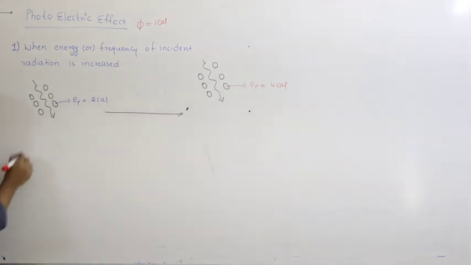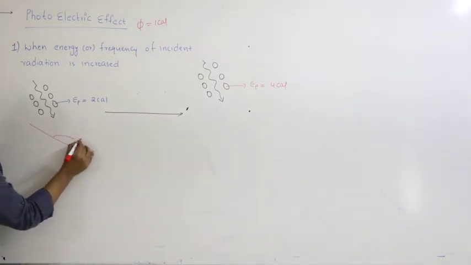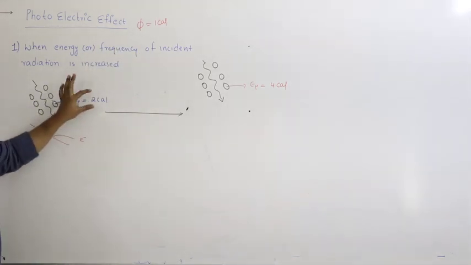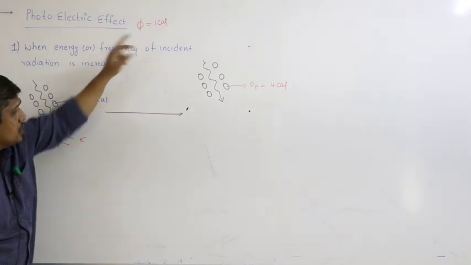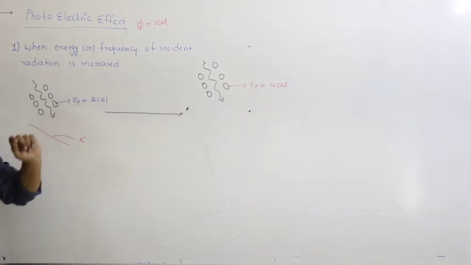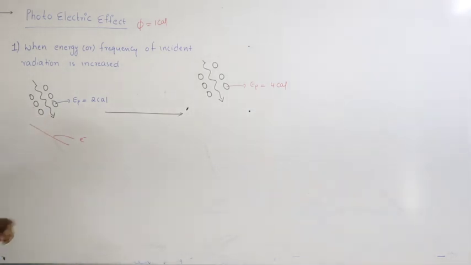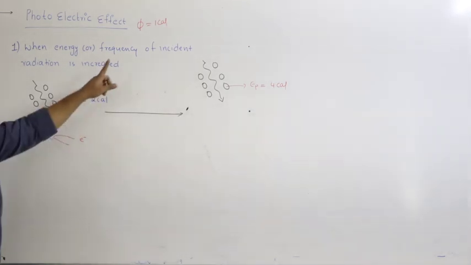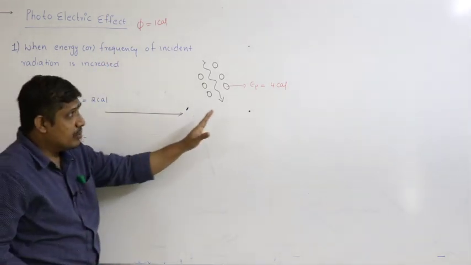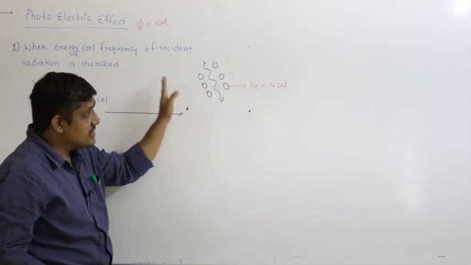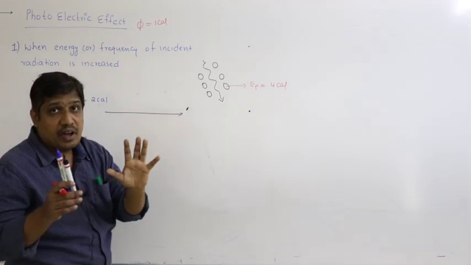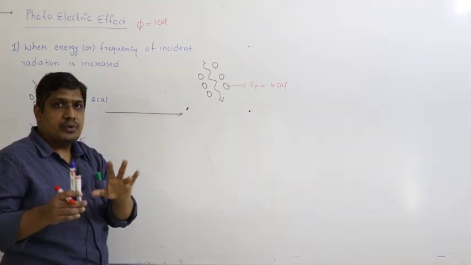In the case 1, electron is emitted, because work function is 1 calorie, energy of photon is 2 calories. Out of these 2 calories, 1 calorie is used to eject. Remaining 1 calorie will be utilized to increase the kinetic energy. But when I increase the energy of incident radiation, the energy associated with each photon increases, but the number of photons emitted per unit area per unit time will be the same.